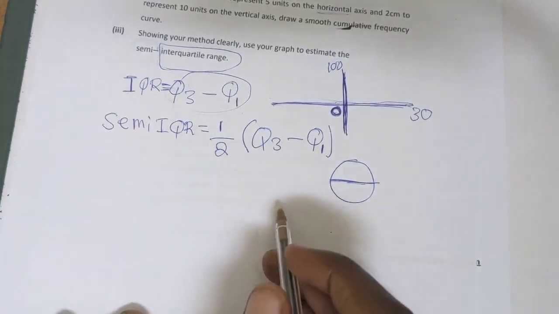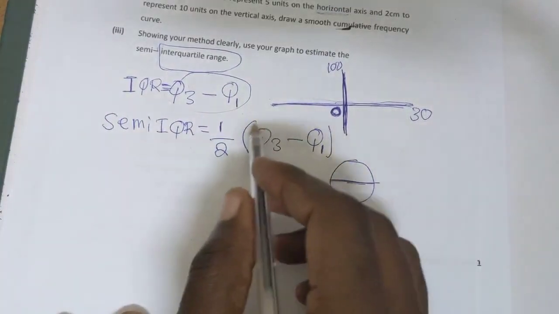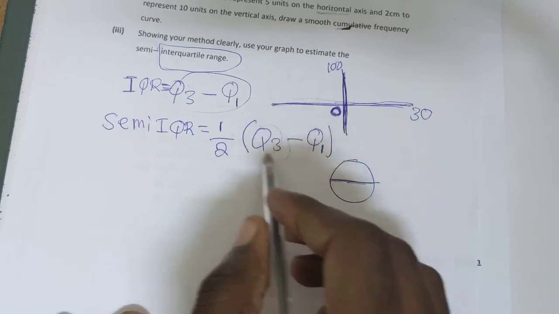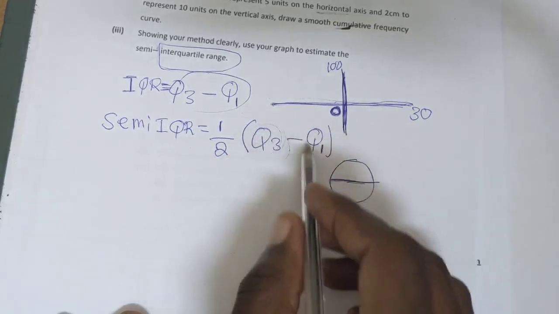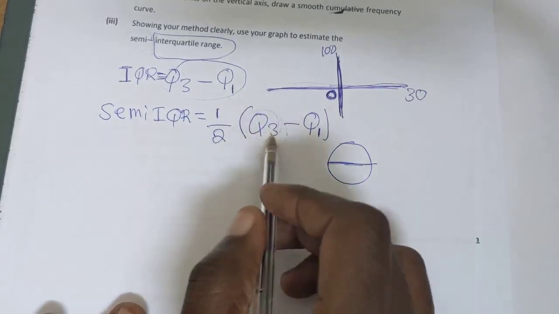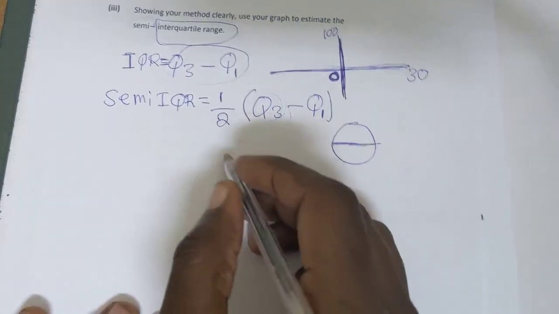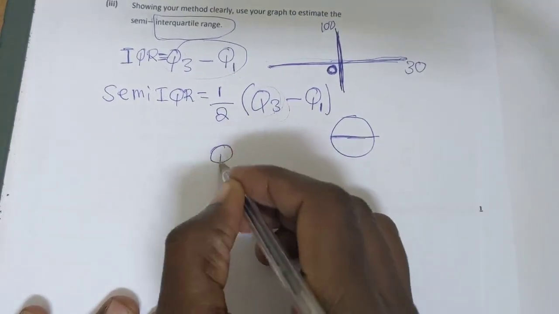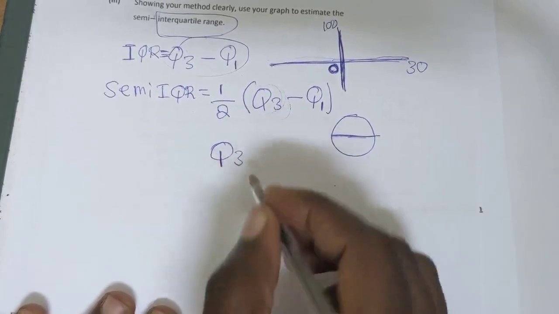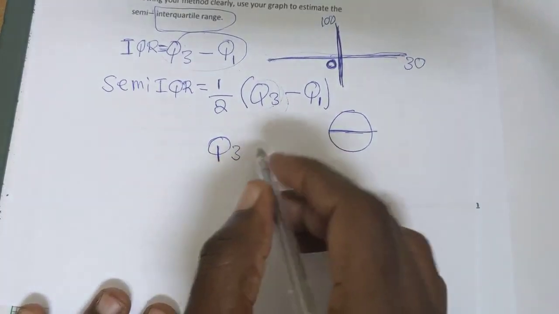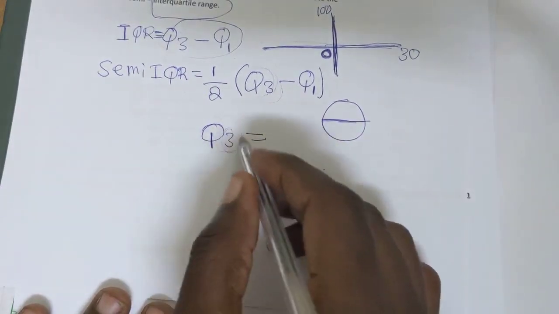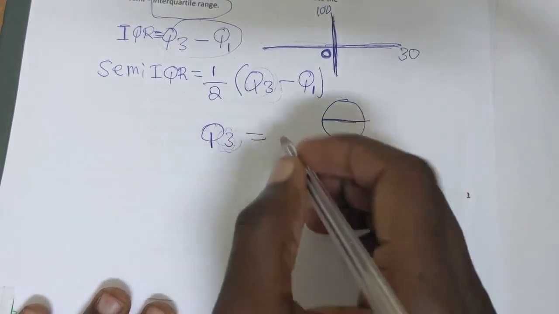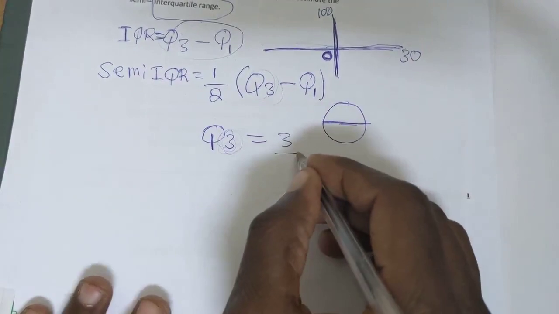Okay, so now you need to know how to find the quartile 3 and the quartile 1. For you to find quartile 3, what do you do? So you say Q3, this is quartile 3, okay? Quartile 3 is equal to, just get this 3, and you put 3 over what?